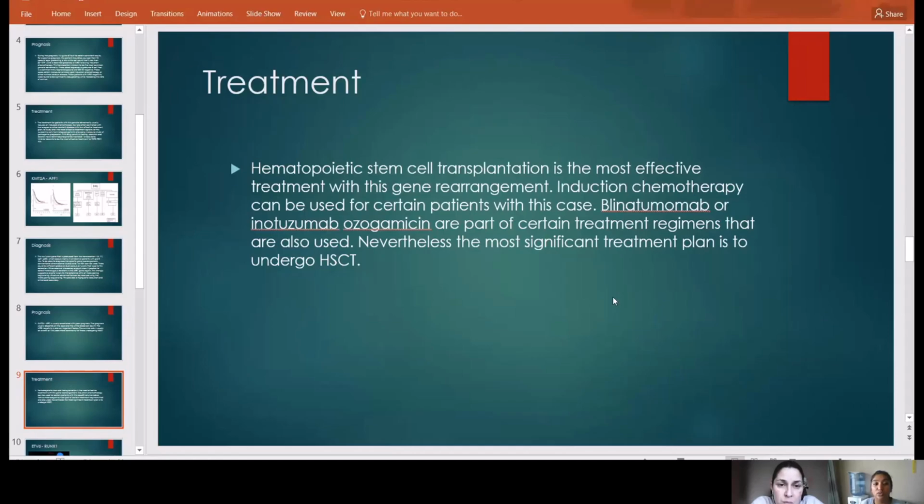The treatment includes the hematopoietic stem cell transplantation, which is the most effective. Induction chemotherapy can be used for certain patients with this case, or there are certain drugs and treatment regimens, but the best way to take this gene arrangement right out is by undergoing hematopoietic stem cell transplantation.